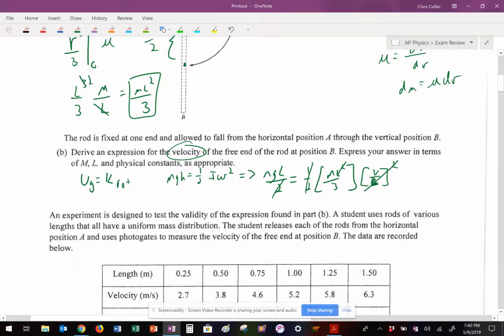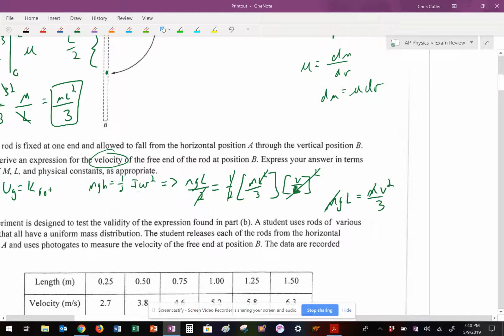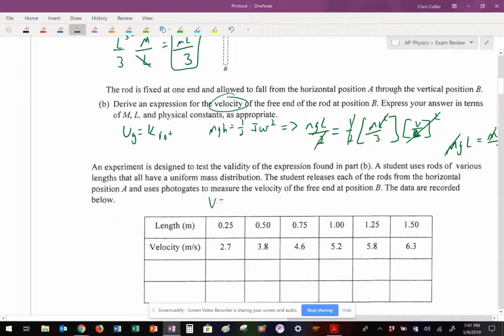We end up with MgL equals, make sure I'm getting this right, Mv squared over 3. Masses cancel. The 3 goes over. 3gL equals v squared, square rooted. There's your velocity. So I'm going to rewrite it here because it's going to be important. Velocity equals square root of 3gL.